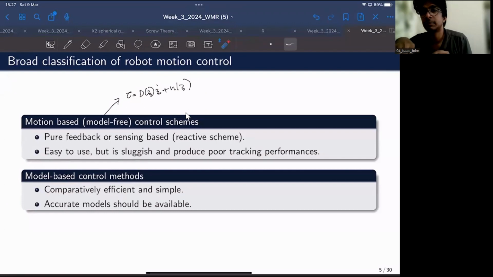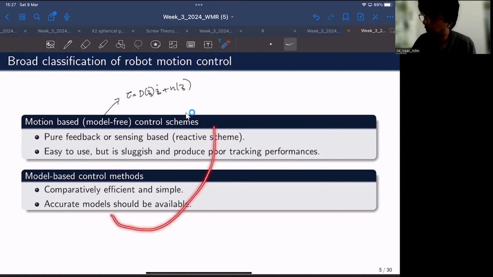If the system you are dealing with has very high dissipative forces, maybe dampers or friction, and your model does not account for friction at all, then performance may not be optimal. So accurate models should be available if you are using model-based control.